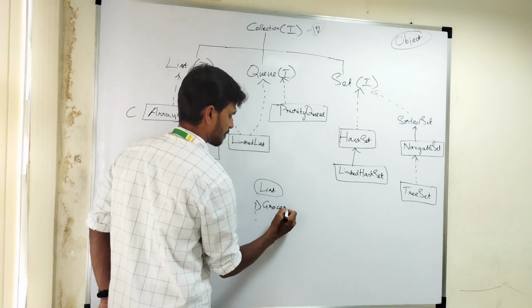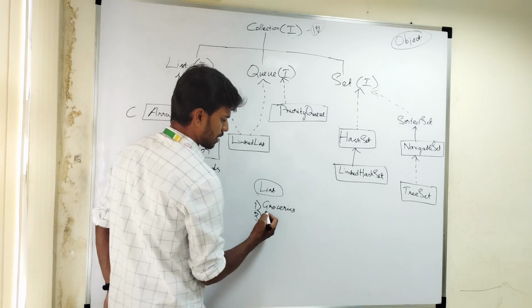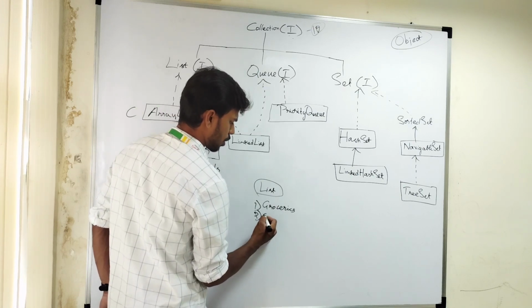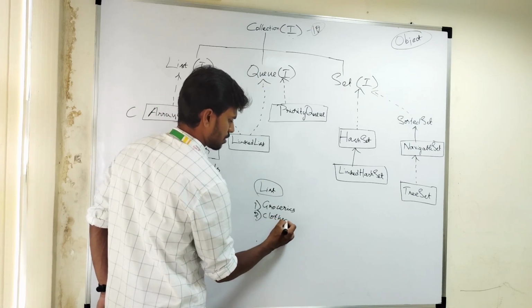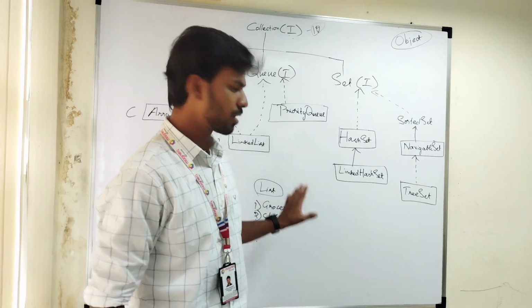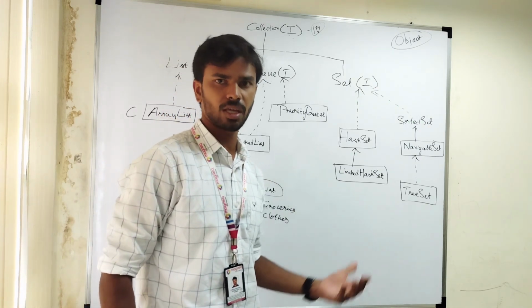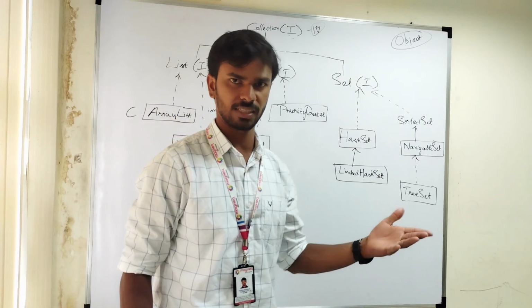Groceries, then after some clothes, right? This is the way you will be storing the list of items whenever you are going for shopping or anywhere else, like a D-Mart store, right?